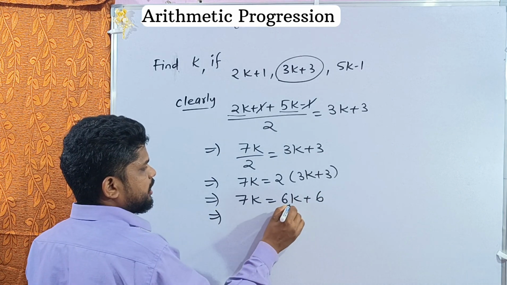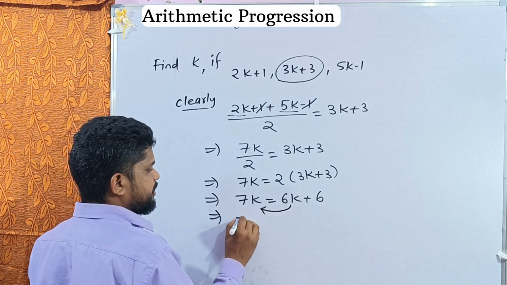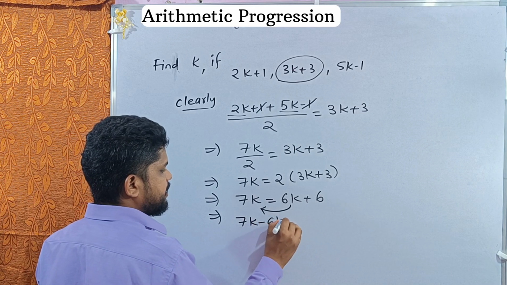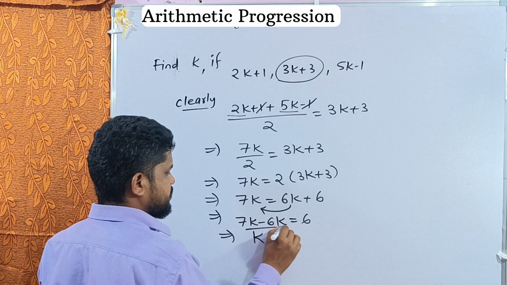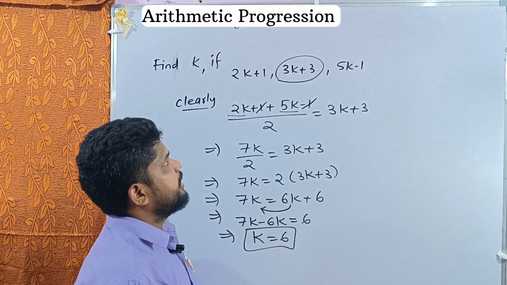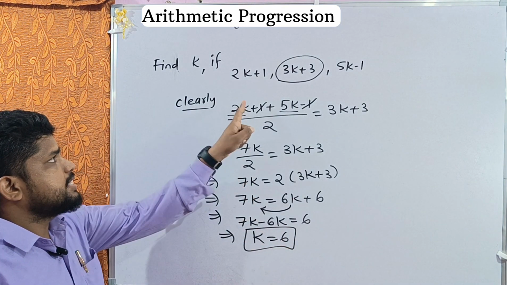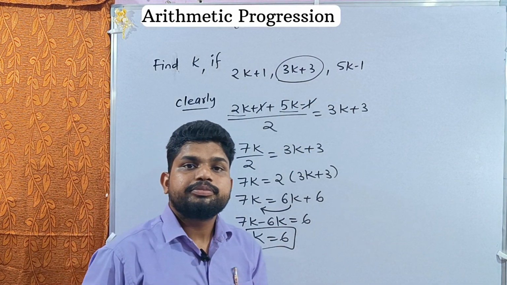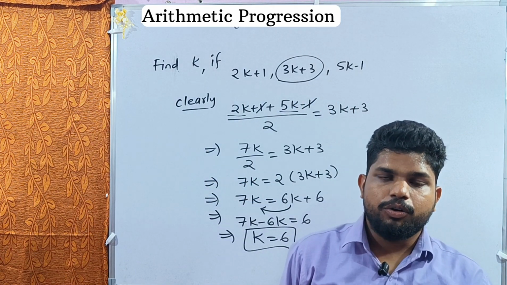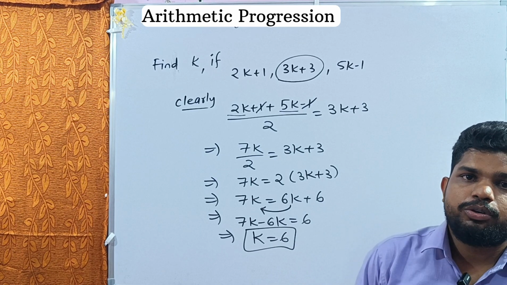Here transposing this to the LHS we will get 7k minus 6k, which is equal to 6. So the value of k is 6. So for k equal to 6, these given consecutive terms are the terms of the arithmetic progression. Okay, let us solve one more question.